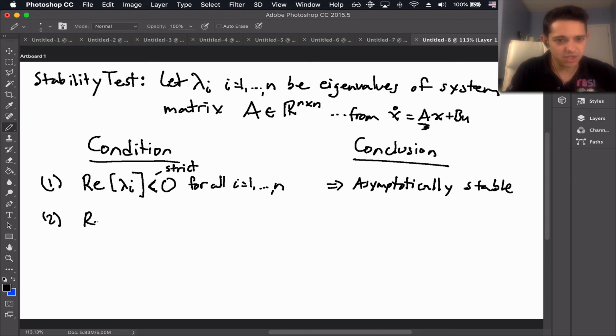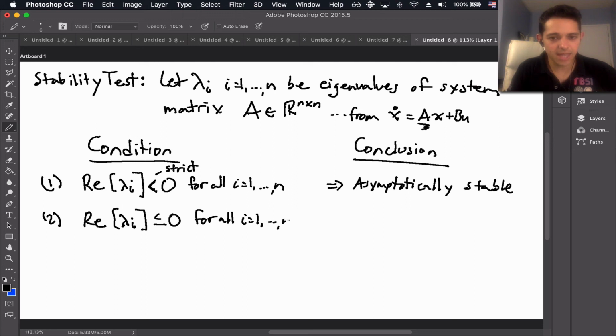The second condition is a slight relaxation of this. That is, if the real part of the eigenvalues is less than or equal to 0 for all i, 1 to n, then this corresponds to marginal stability.